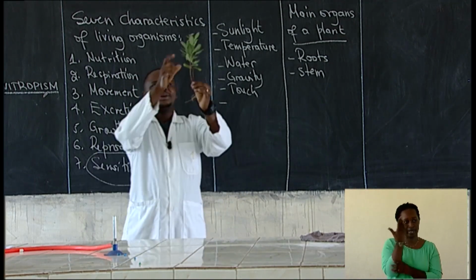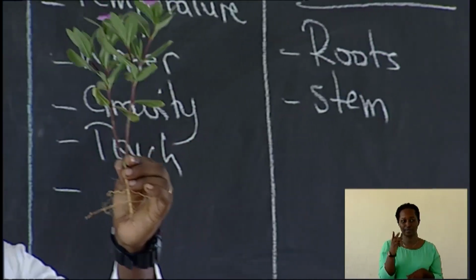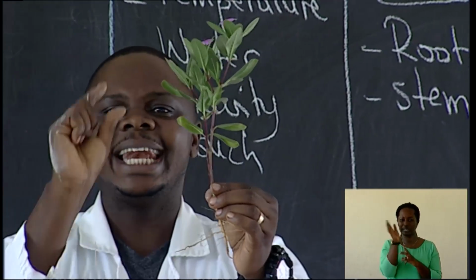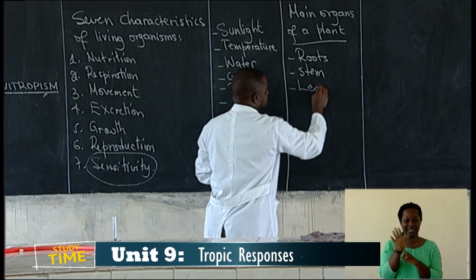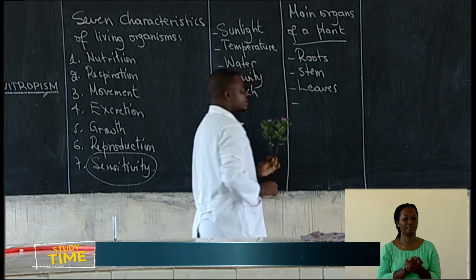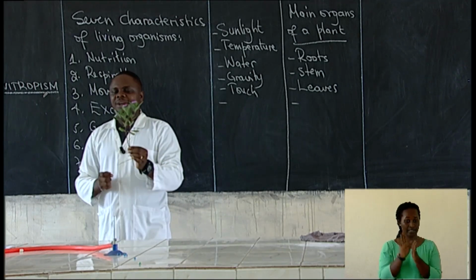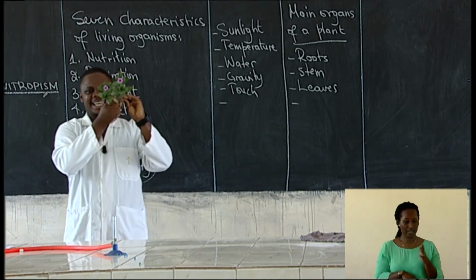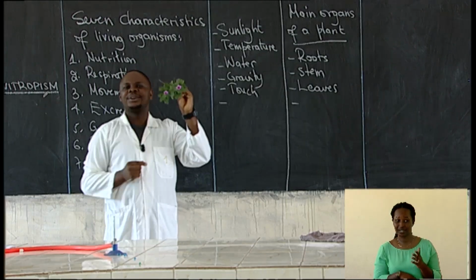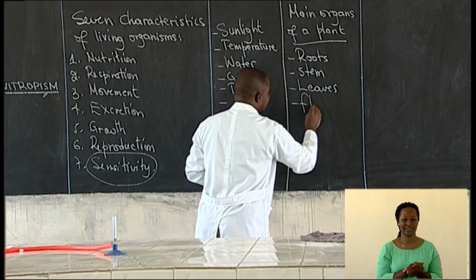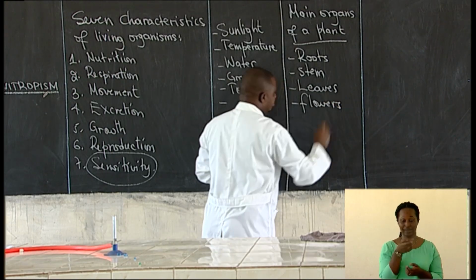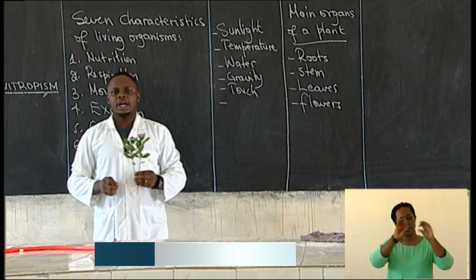From there, you can see these green organs. How do we call them? Leaves. Excellent. And then apart from leaves, what else do you see? We have flowers. So these are 4 main organs of a plant.